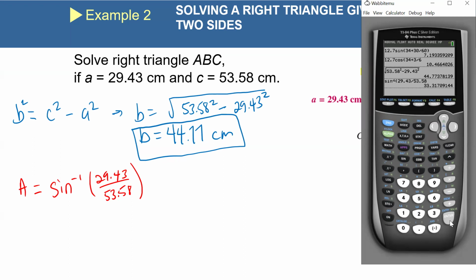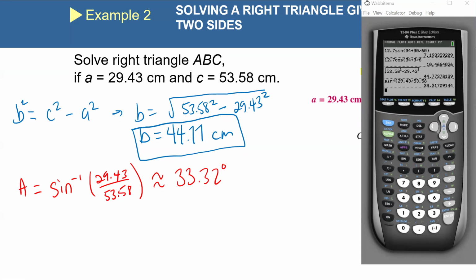And we hit enter, and we get 33.32 degrees. So it's approximately 33.32 degrees. Do you guys remember how to convert it?